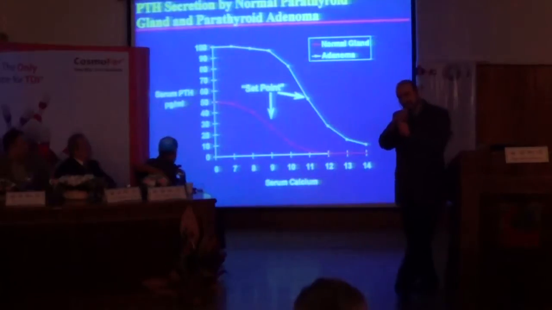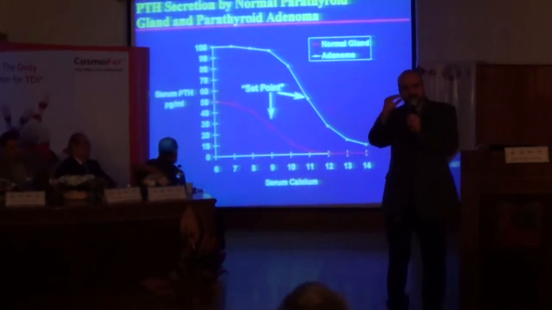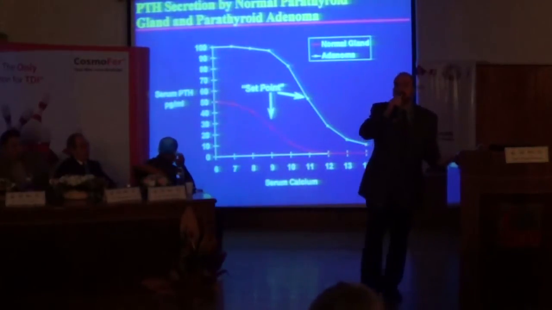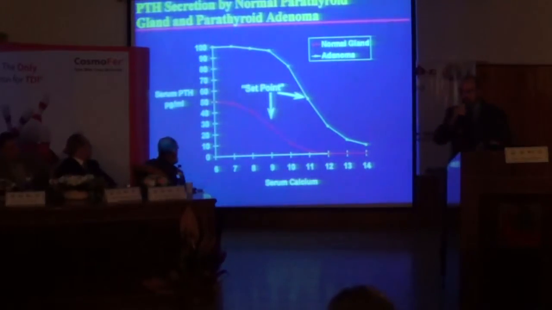So what happened to the gland here? The set point. The gland went mad and the receptors are not responding to the normal calcium level. It has to be higher to respond. So we call it the set point theory. But this is academic.